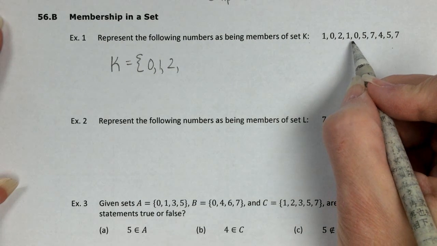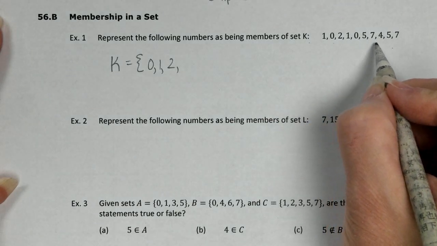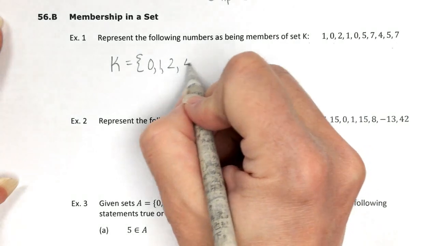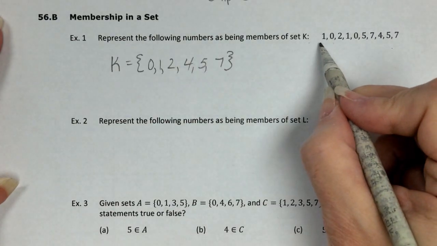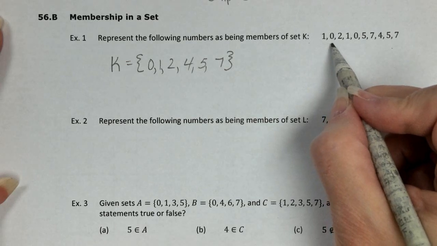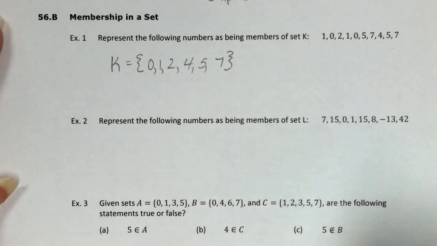It's just nice. We have 0, 1, 2, 4, 5, and 7. Okay, and then a quick scan. Is there anything here that's not 0, 1, 2, 4, 5, 7? No, so that's it. That is set K.